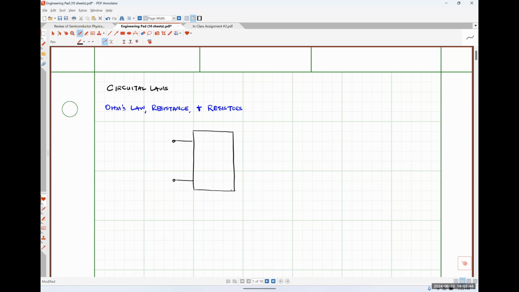But effectively, all it's going to mean in the context of what we're dealing with right now is that the components that are inside the black box do not change with time or temperature or things like that. Okay, so let's call this a linear black box network.